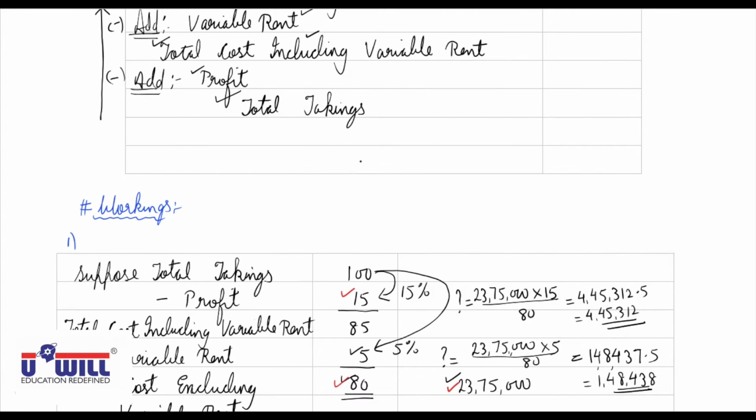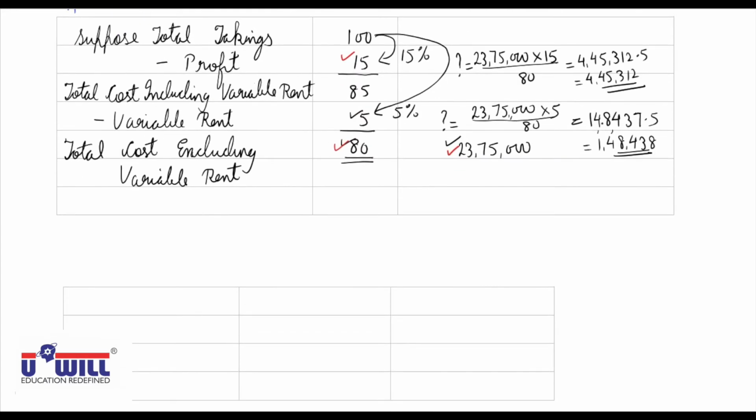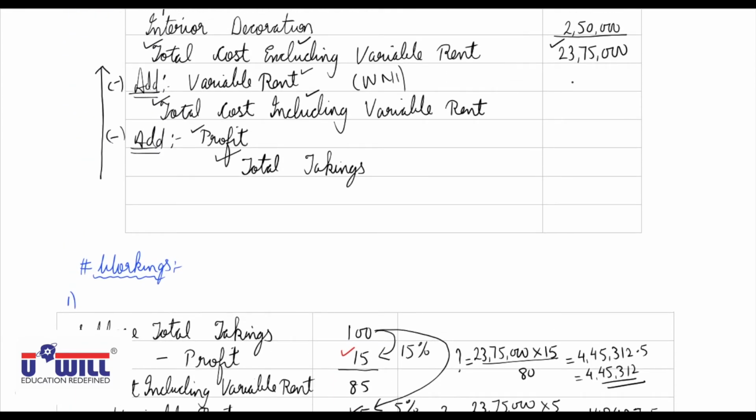Now here we can write variable rent from working note 1. We get 148,438. If we add that, then what is the total amount of cost including variable rent we will get? 23,75,000 plus 148,438, that is 25,23,438.